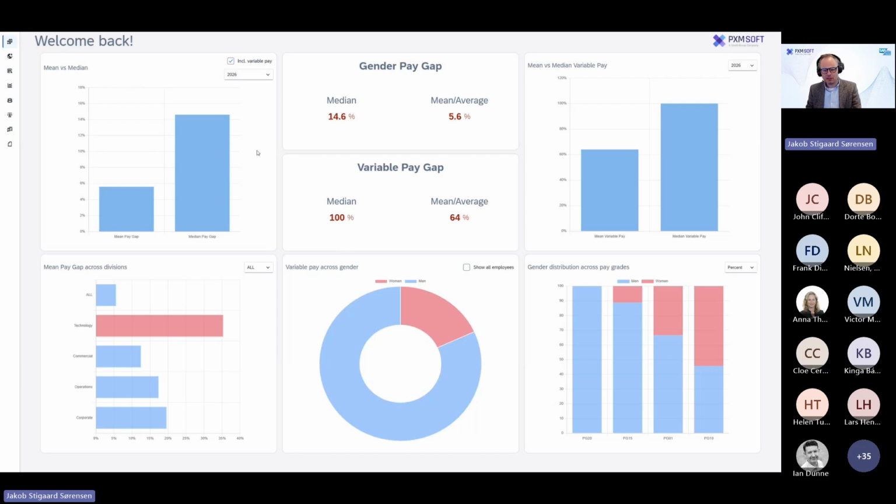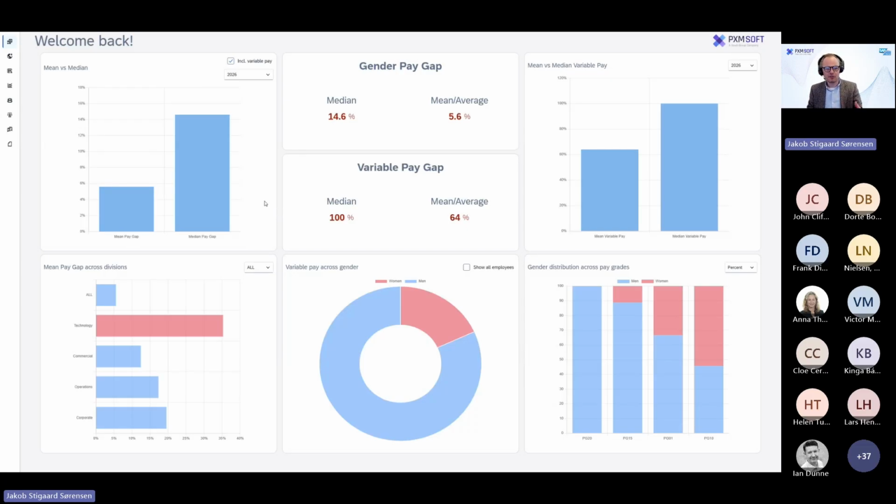The first view, this overall dashboard view, provides me, in this scenario, I'm a global HR business partner, but obviously it would provide executive management, payroll, or whoever to work with the data and to get the insights for the Equal Pay Directive, and basically get critical data insights into different scenarios. The scenarios required to be supported by the legislation are obviously a view on mean versus median scenarios.